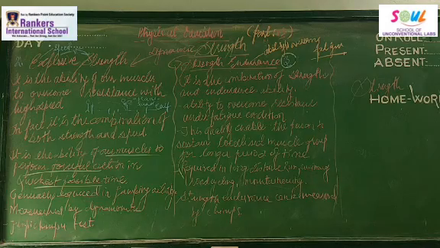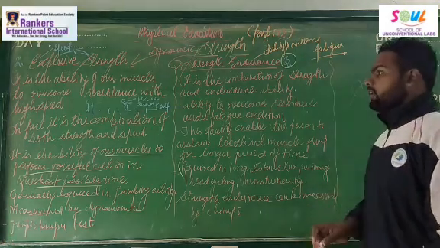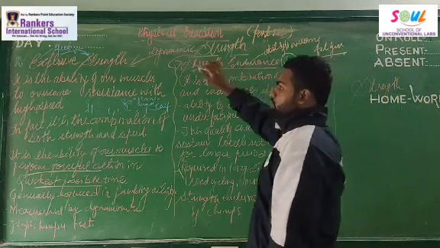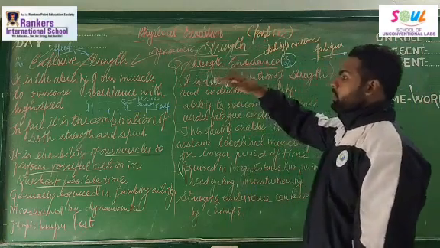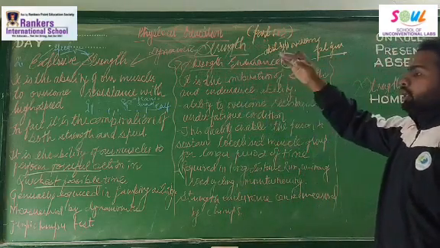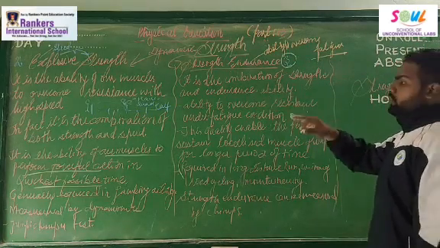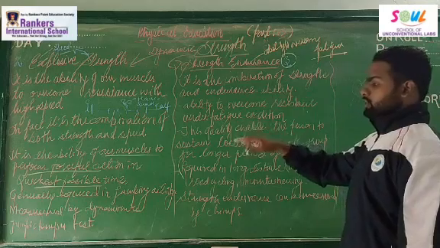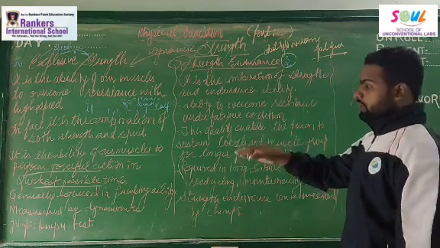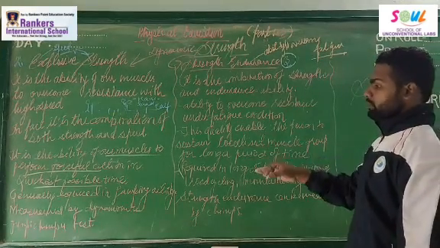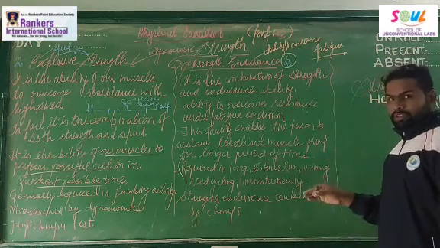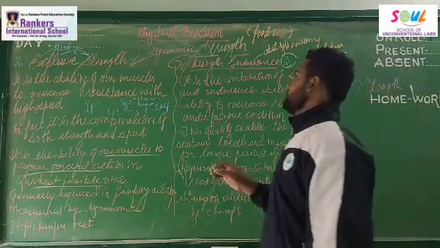Now let us recapitulate what we started. We started with explosive strength. It is the ability of our muscles to overcome resistance with high speed. In fact, it is a combination of strength and speed. It is the ability of our muscles to perform forceful action in the quickest possible time. It is generally required for jumping activity and measured by dynamometer and jump chin-up test.